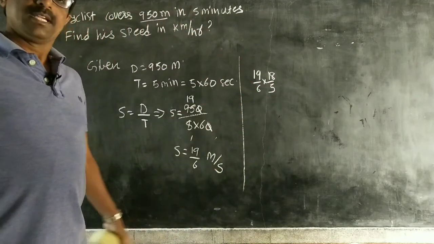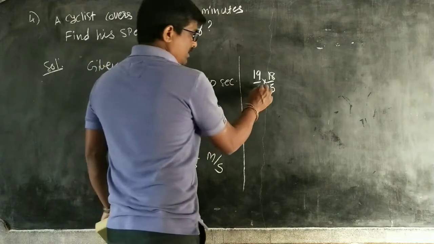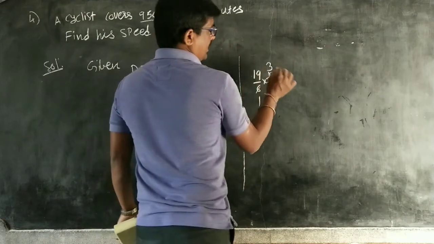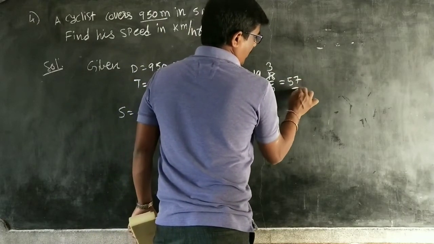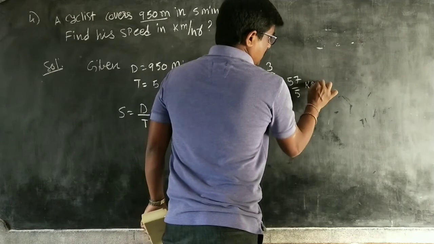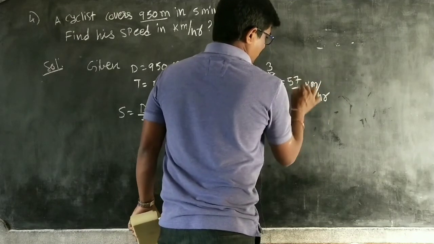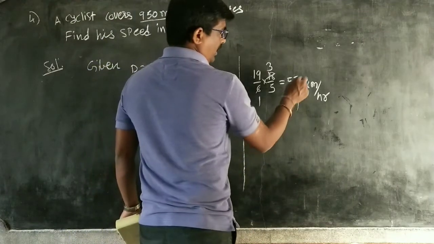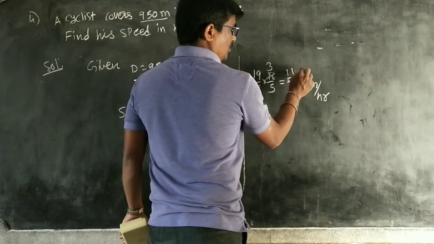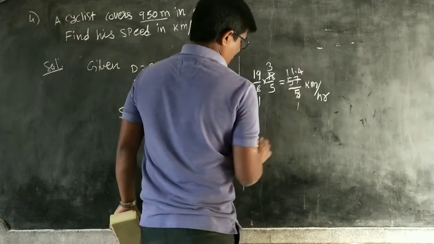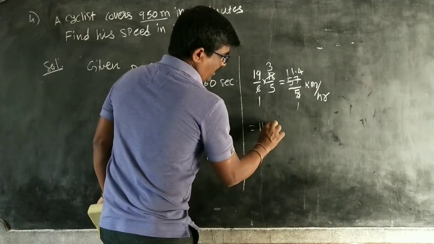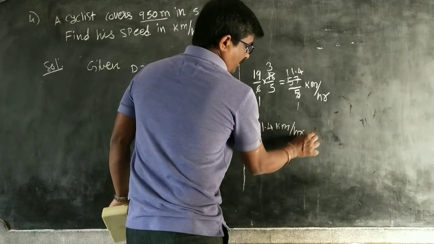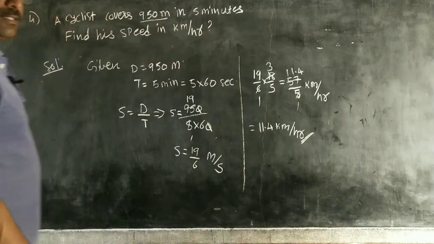We already did such problems previously. Cancelling, 6 threes are 18, that is equal to 57 by 5 kilometers per hour, which is 11.4. The speed is equal to 11.4 kilometers per hour. Okay, right, copy it.